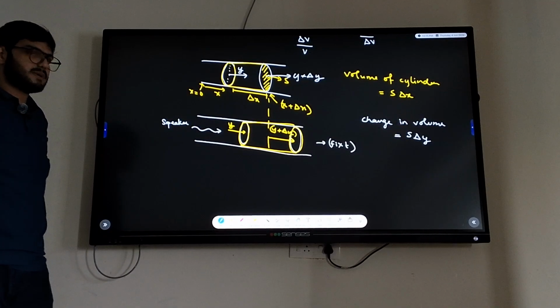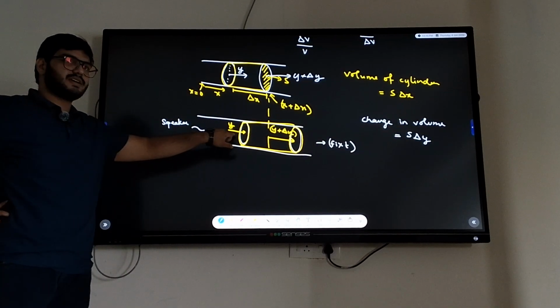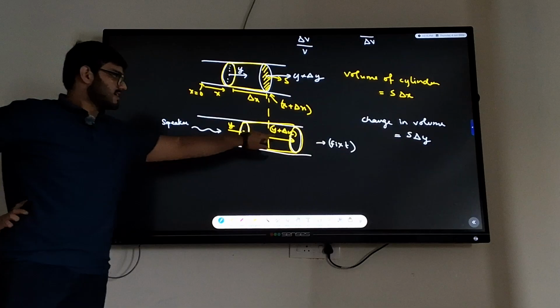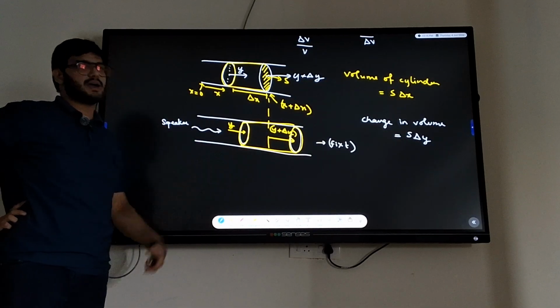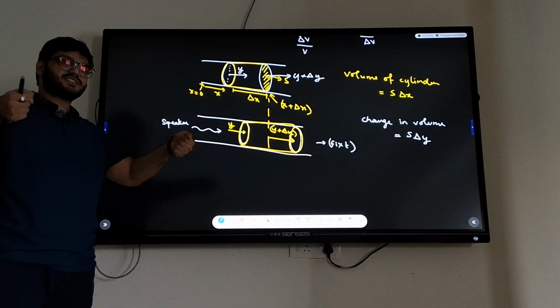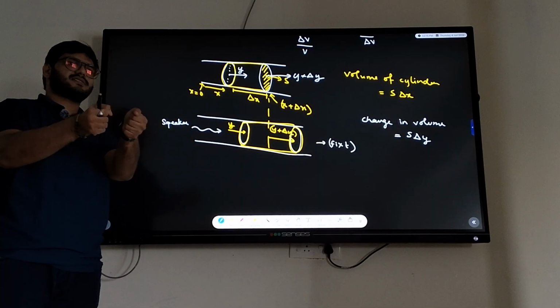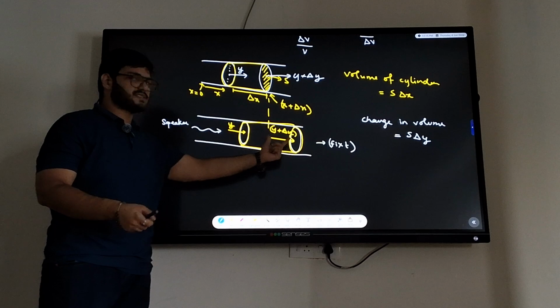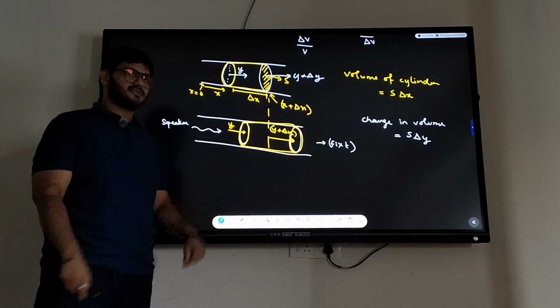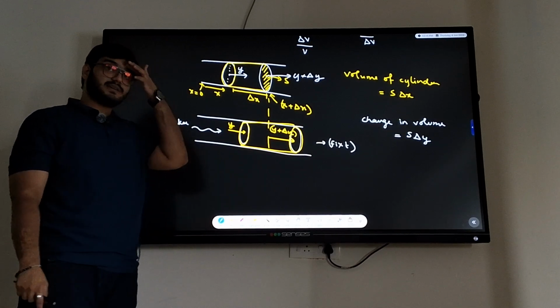They will disturb the medium. That's why the particles got oscillated, and they moved by some different amounts. And we are talking about this cylinder. What will happen to it? It got stretched, or it may even get compressed, depending on whether this increases or decreases. Does it make sense?